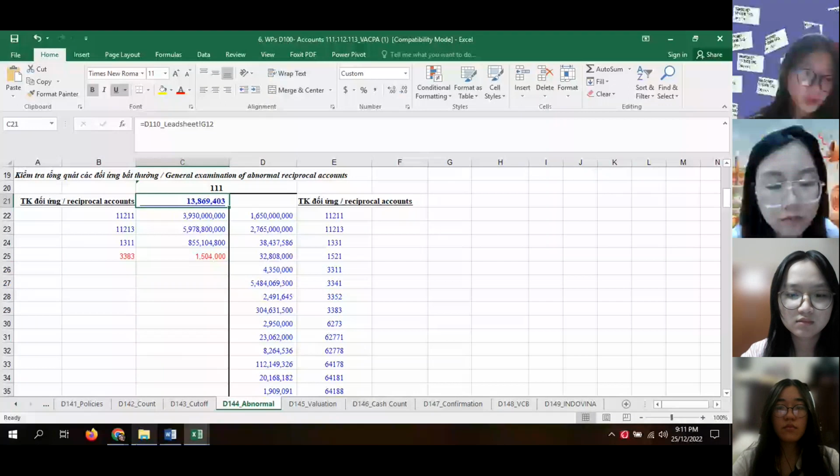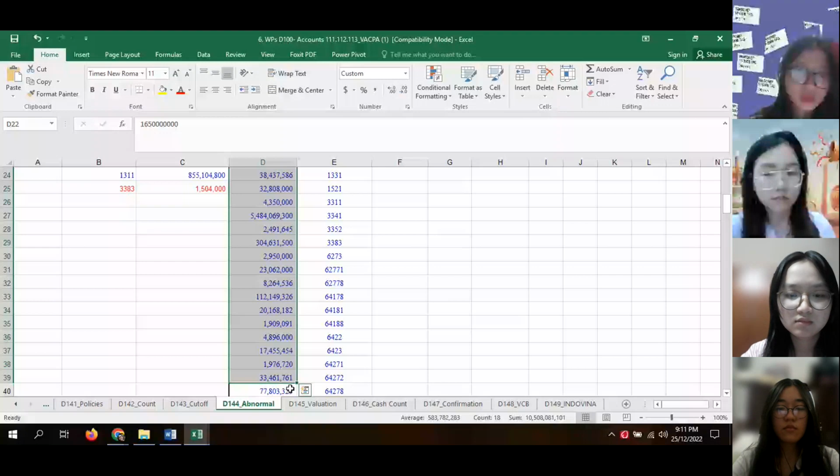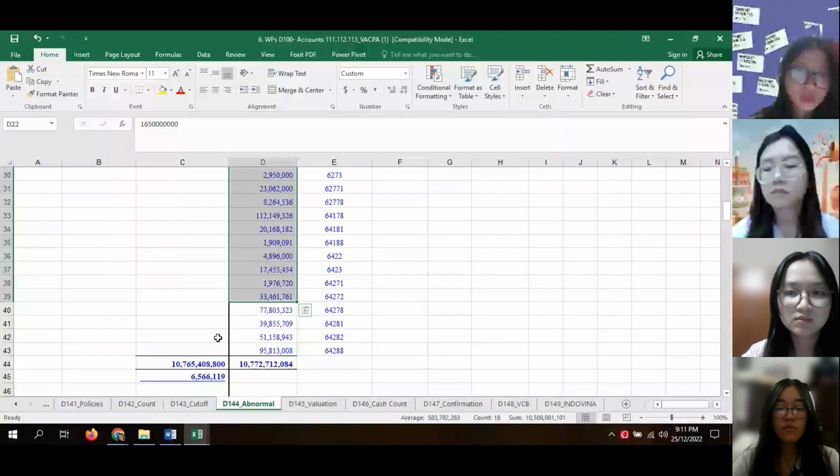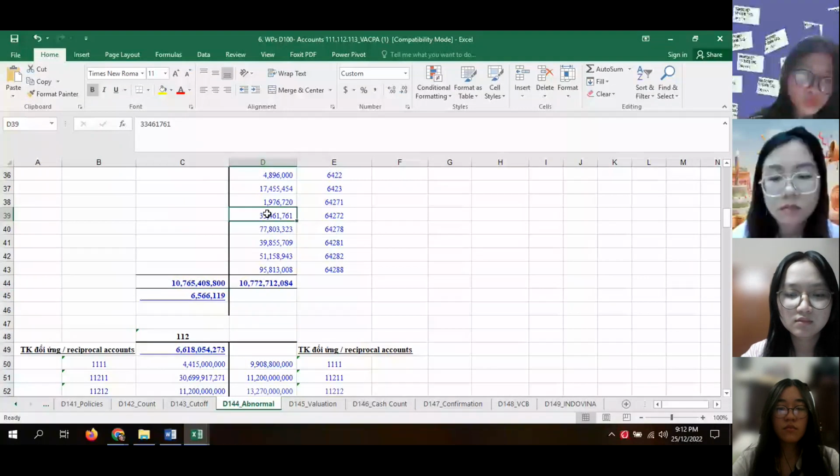The rest of the transactions in the ledger 111 are normal, so we will skip 111.